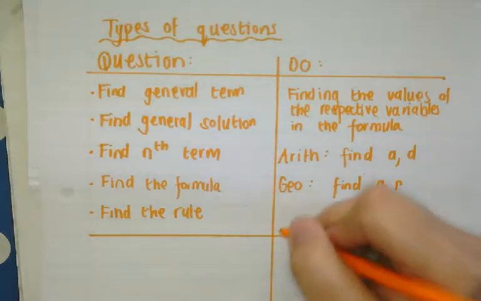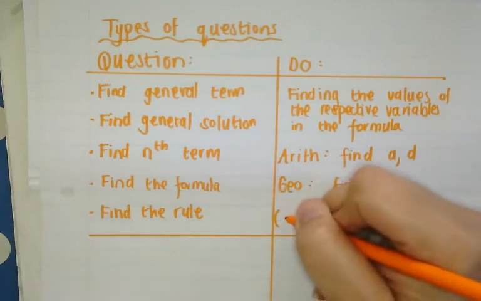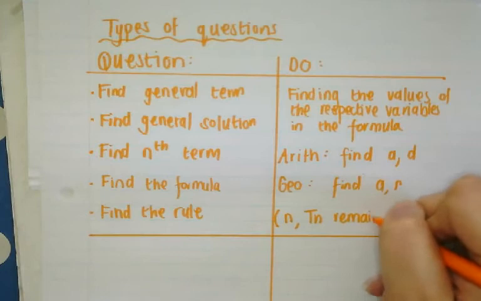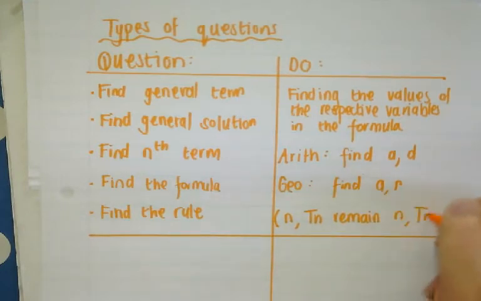So we'll just make a note here. N and Tn remain N and Tn. They do not get values if my question is asking for the formula.